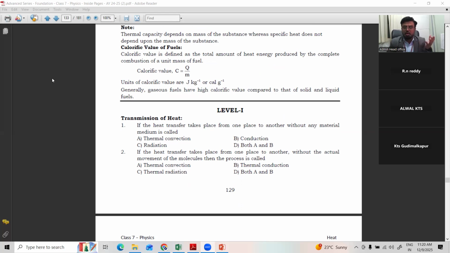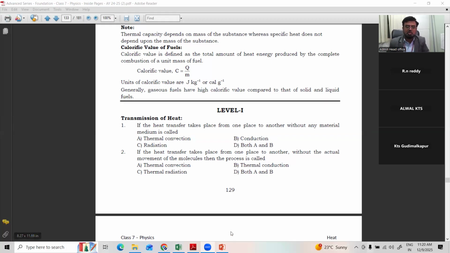For example, our vehicle runs with petrol. By burning the petrol, we produce mechanical energy. That is having the calorific value. That is our mileage. Mathematically, C is equal to Q by M. Q is the heat produced, M is the mass.